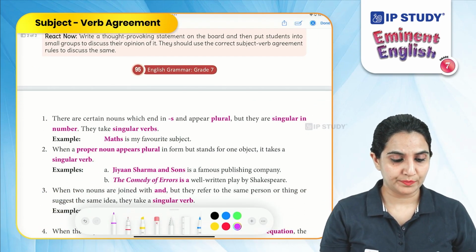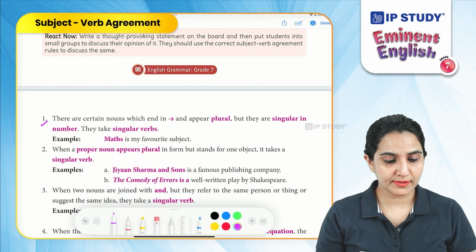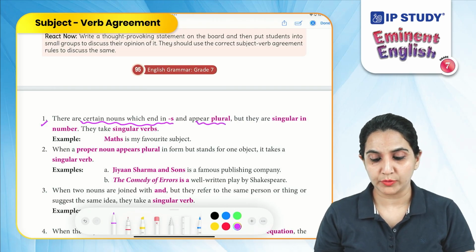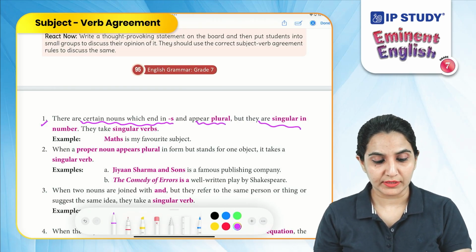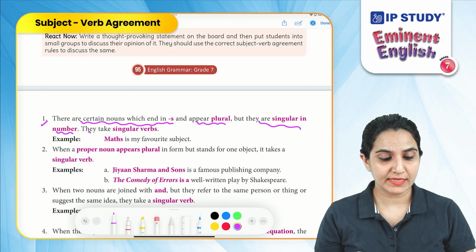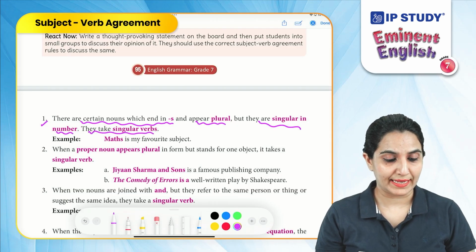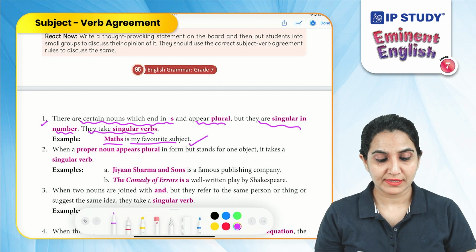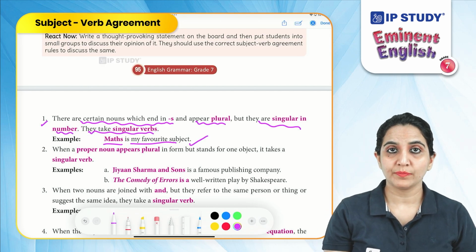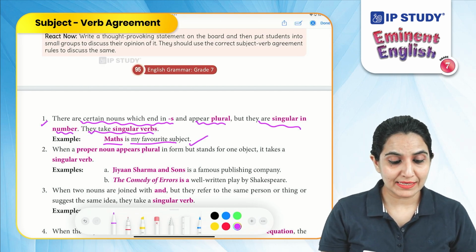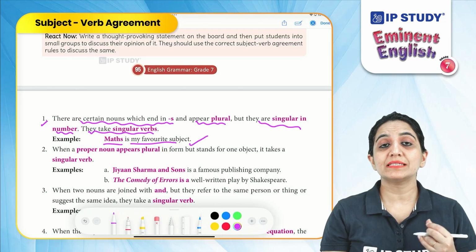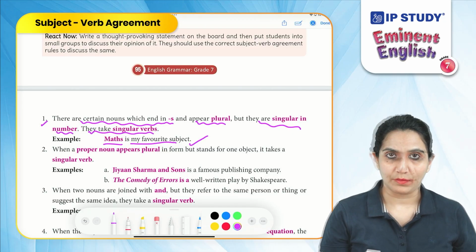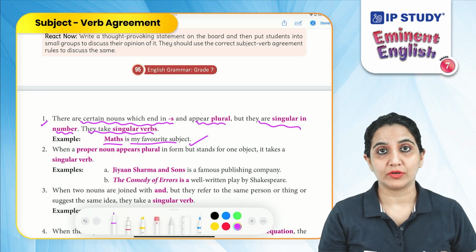For example, there are certain nouns which end in S and appear plural, but they are singular in number. They take singular verbs. Like, maths is my favorite subject. Since we are talking about one subject, but maths has S at the end, that means it appears plural, but it is singular in number. That means it will take a singular verb.